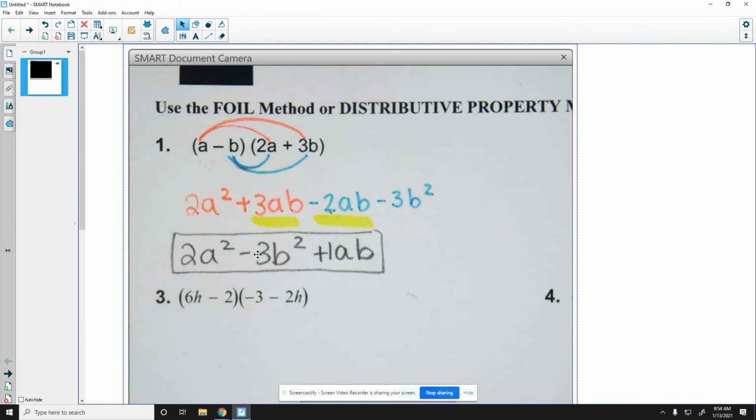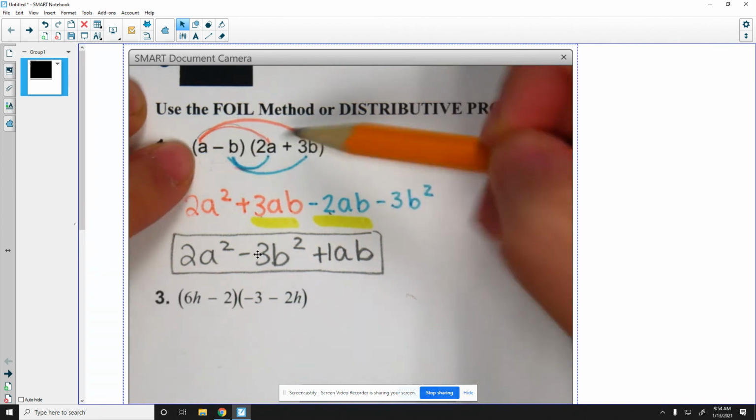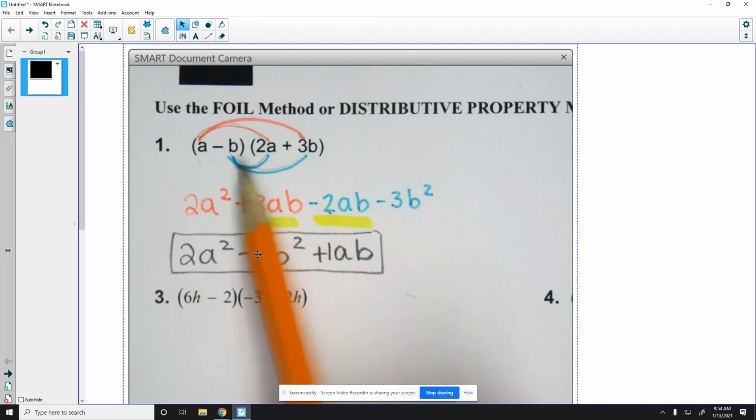So this is how you multiply polynomials. You can multiply it by doing the distributive method where you multiply the first thing with the first two and then the second thing by the second two. Or you can use the FOIL method. The FOIL method is just a trick. It literally gives you the same answer. It's just some people are like, I don't know what to do, so if I say FOIL, you're like, oh, I know what to do.